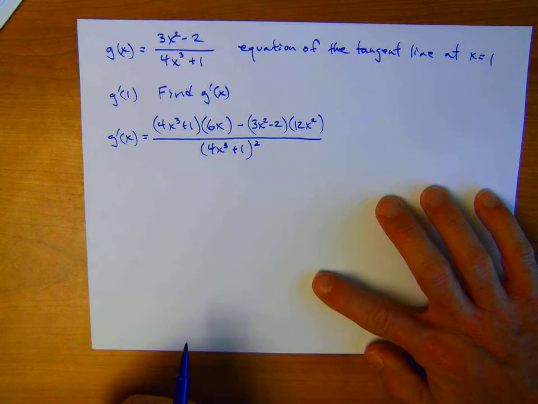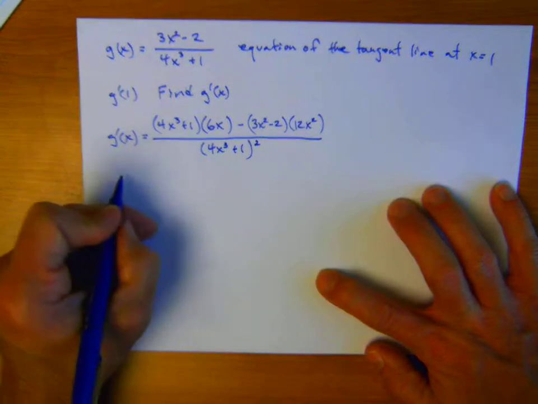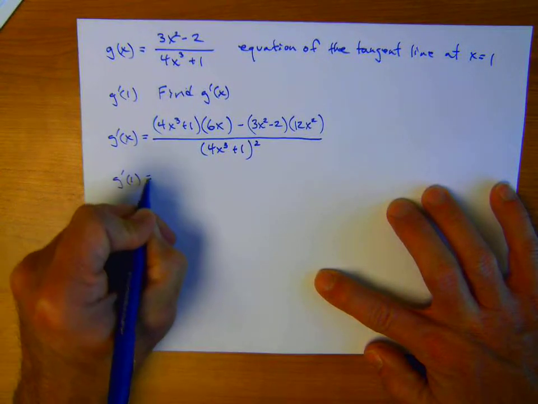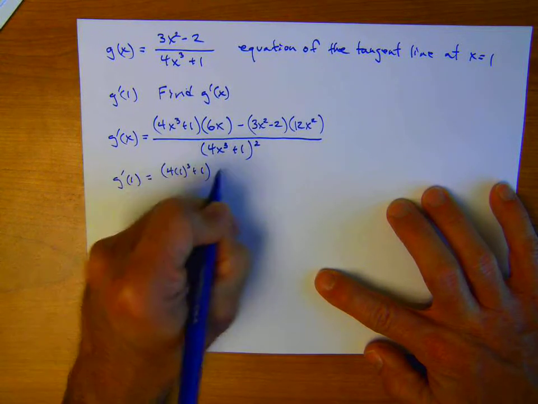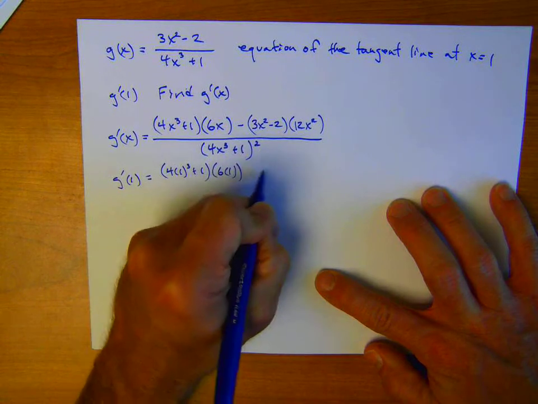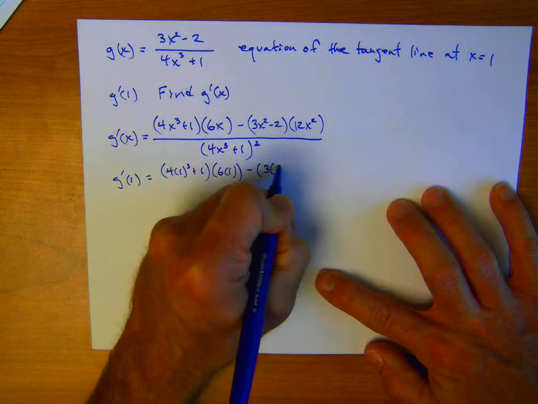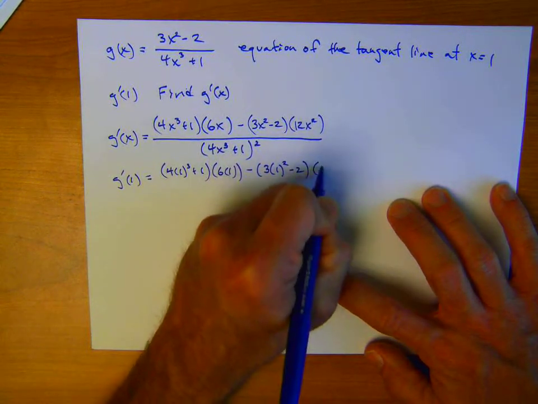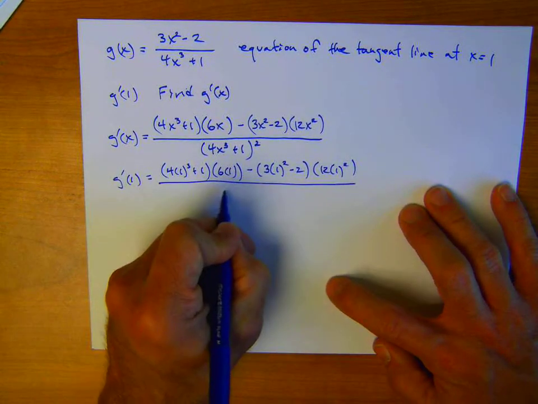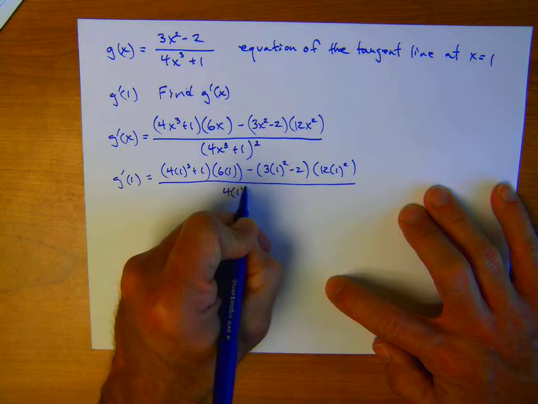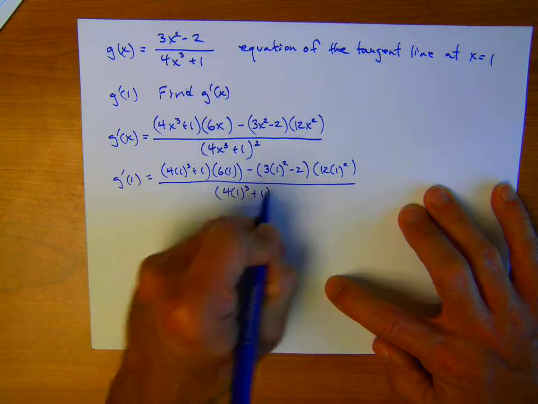So g prime of 1 is going to be 4 times 1 cubed plus 1 times 6 times 1 minus 3 times 1 squared minus 2 times 12 times 1 squared, all over 4 times 1 cubed plus 1 squared.